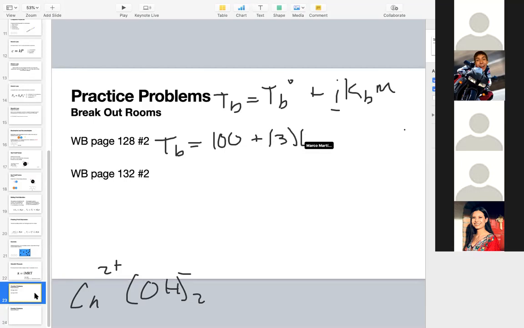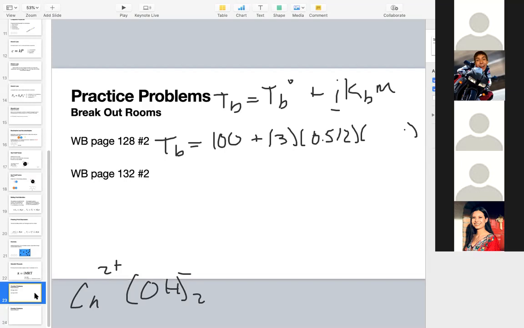KB is given to us, it's 0.512. And finally, molality. What's our molality in this case? It's given to us how many grams we have of the solute.